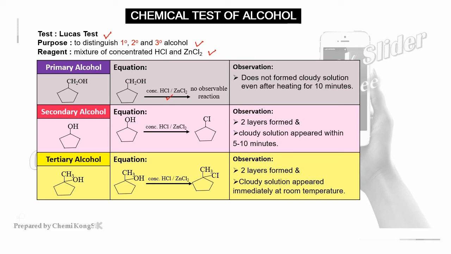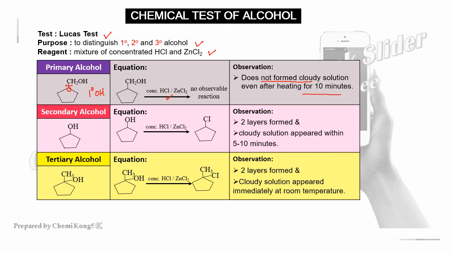And then for primary alcohol, we check for this C, attached with 1 C, so it's primary alcohol. So it won't change the solution. So does not form cloudy solution after heating for 10 minutes. Or you just write down, does not form cloudy solution after 10 minutes. Acceptable.